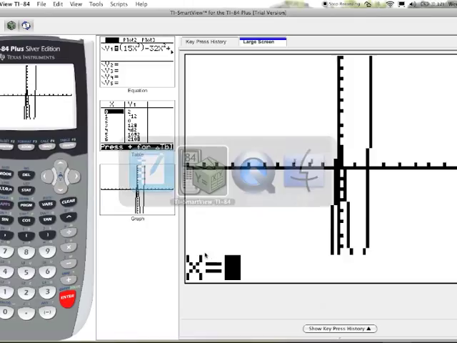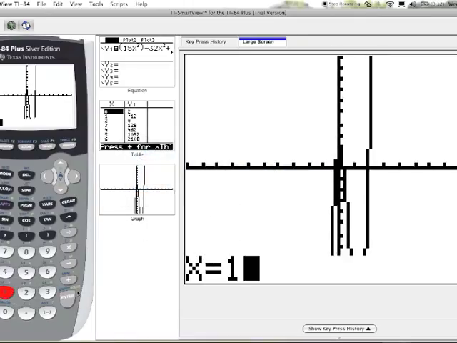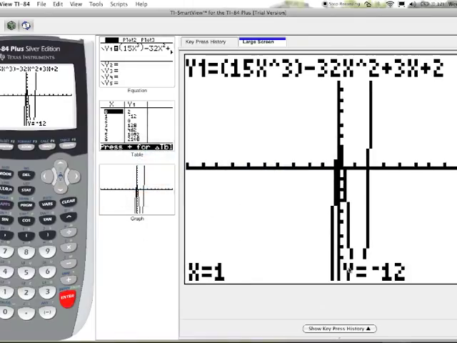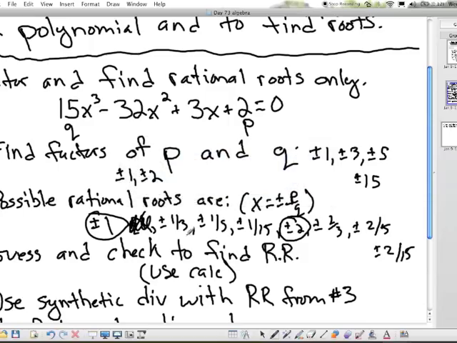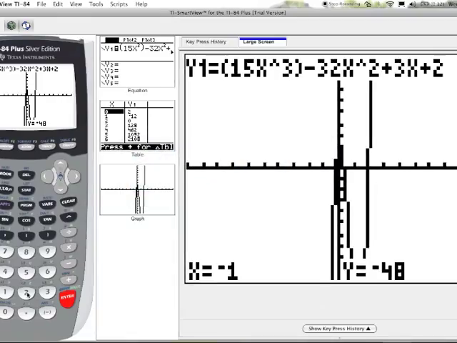So let's do 1. We notice that 1 is not 0, so let's check negative 1. Negative 1 is not a root, so we can cancel this out. So let's check 2. 2 is a root, so we need to pull out that linear factor.